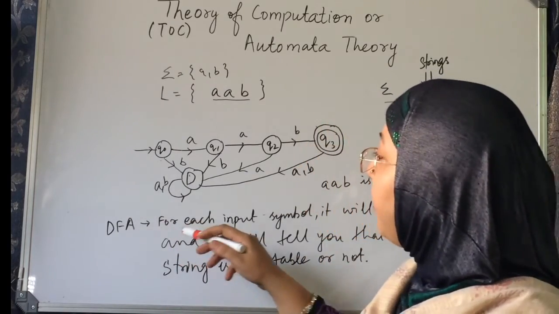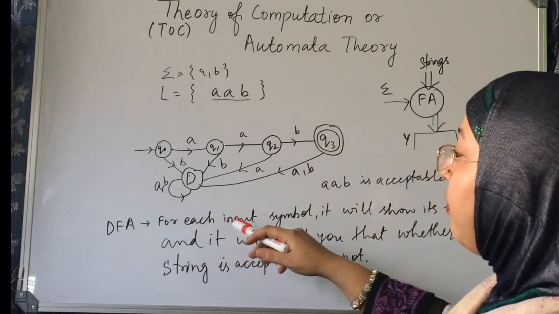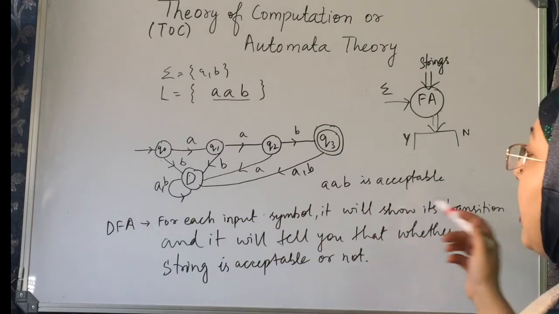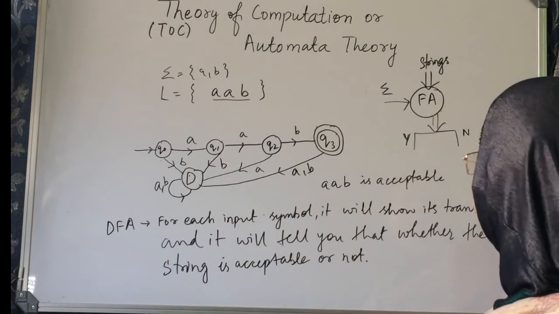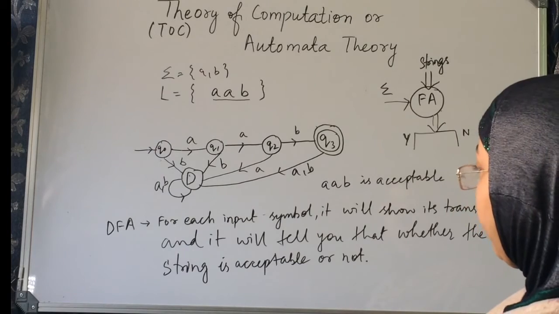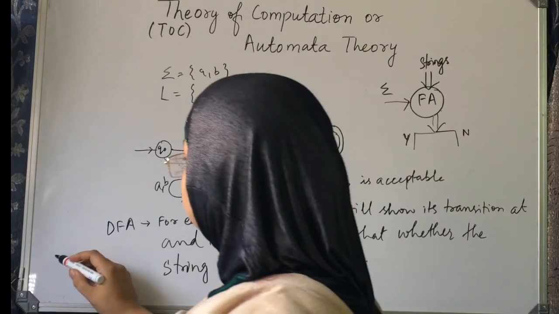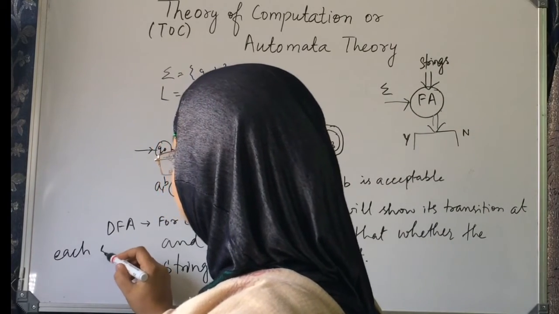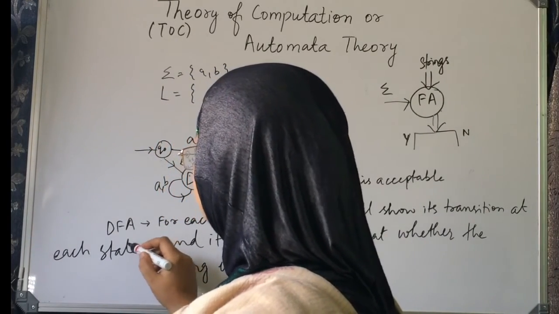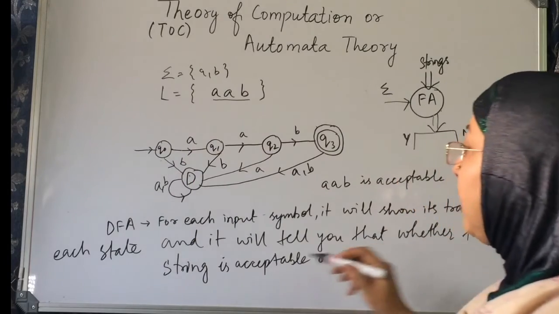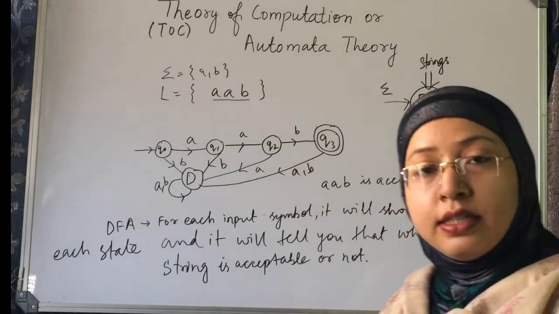So DFA will show, for each input symbol, its transition at each state, and it will tell you whether the string is acceptable or not.